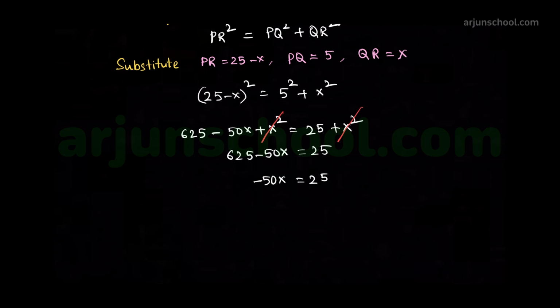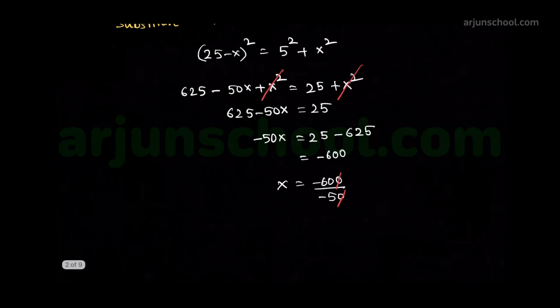Minus 50x is equal to 25 minus 625, which is equal to minus 600. x is equal to minus 600 by minus 50. 0, 0 cancels and then 60 divided by 5 is equal to 12.